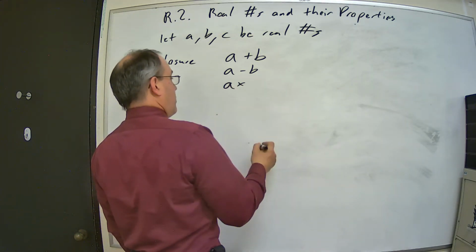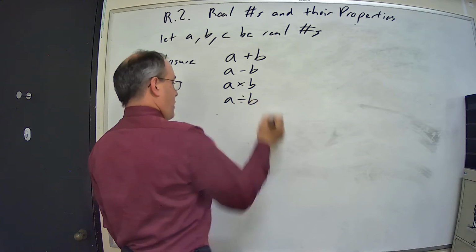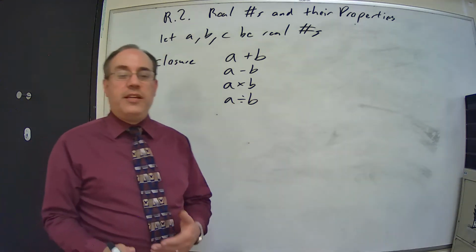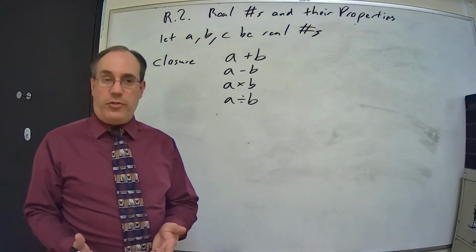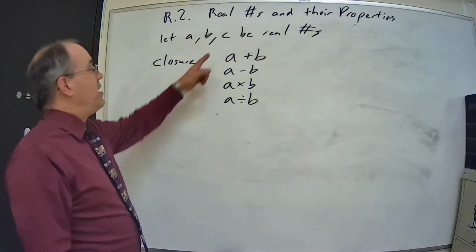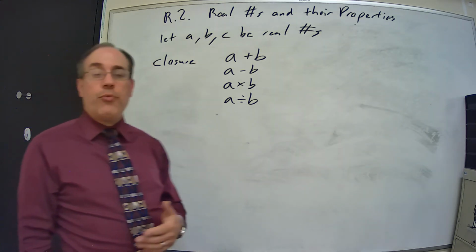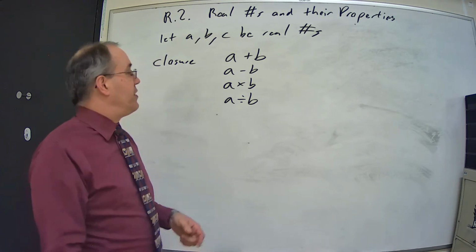Multiplication, division, all of these have closure on the set of real numbers. But realize that they may not on other sets. So let's say we're looking at the set of integers.